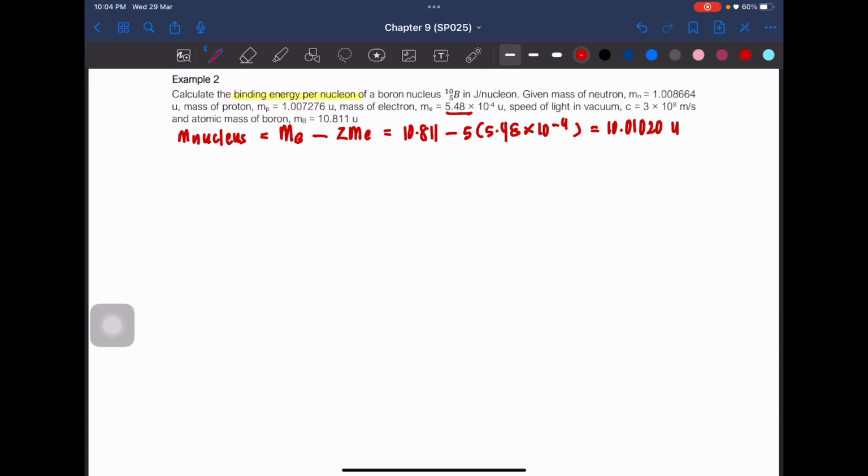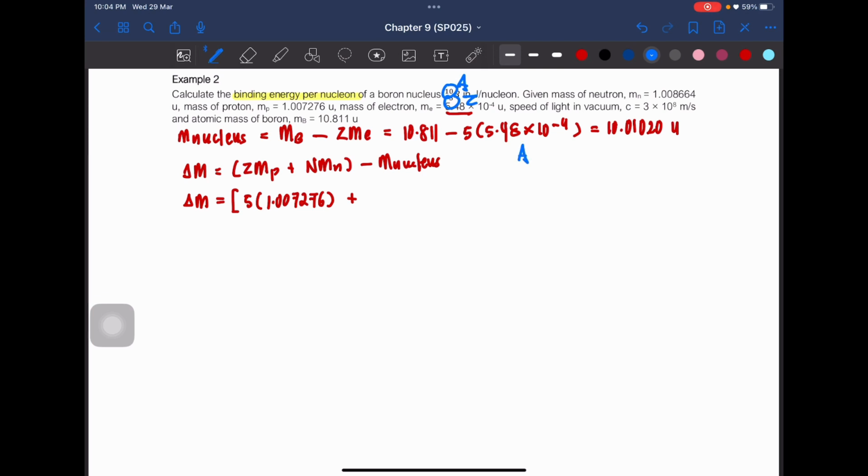Okay, lepas tu barulah kita boleh cari the mass defect. So mass defect is ZMP plus NMN minus mass of nucleus. Okay, so this one is just 5. Oh, wait. This is 5. This is proton 1.007276 plus. So N is just, this is A, this is Z. So A is 10, Z is 5.